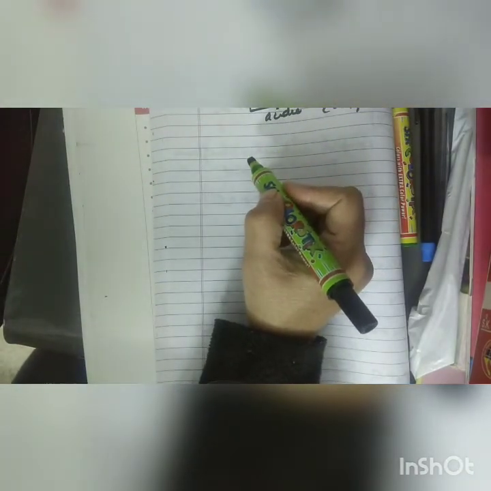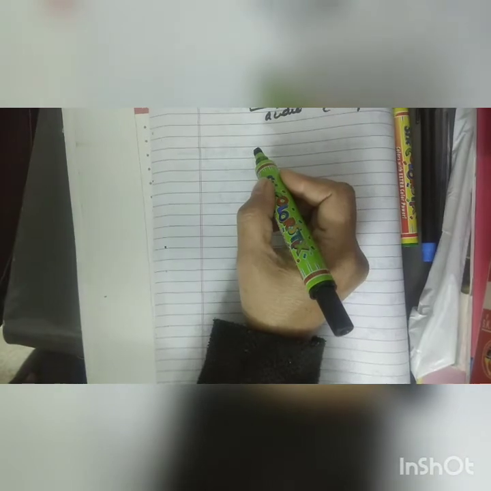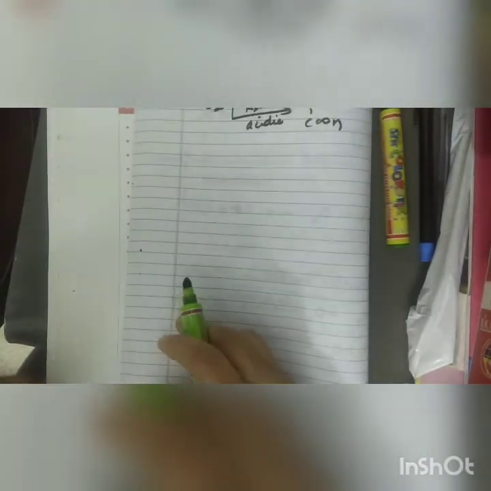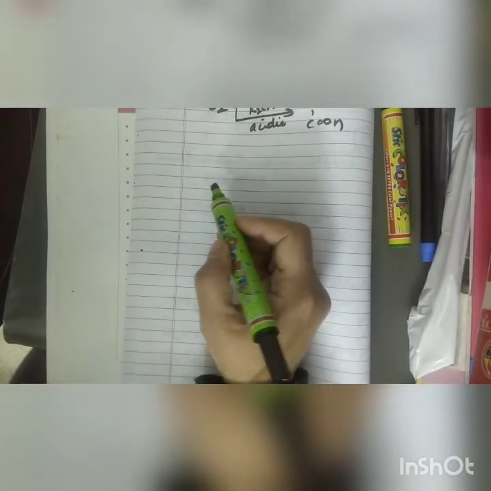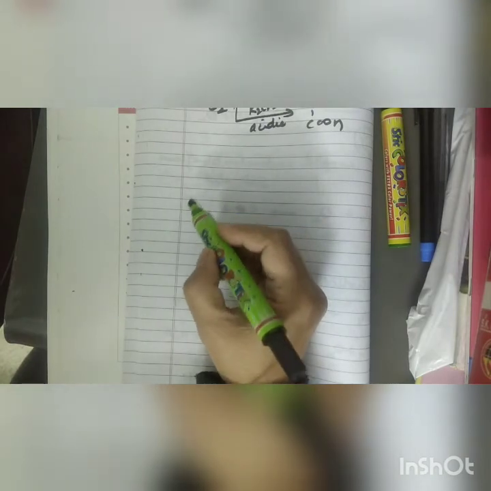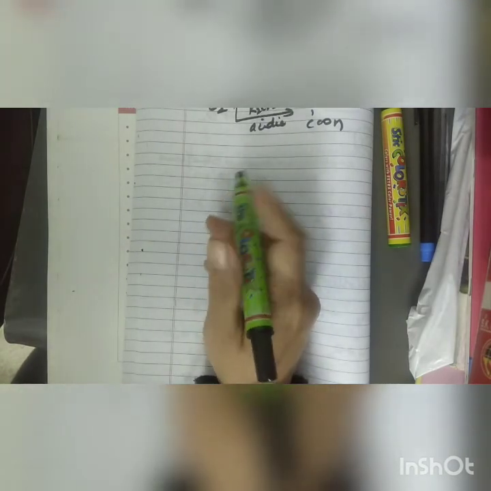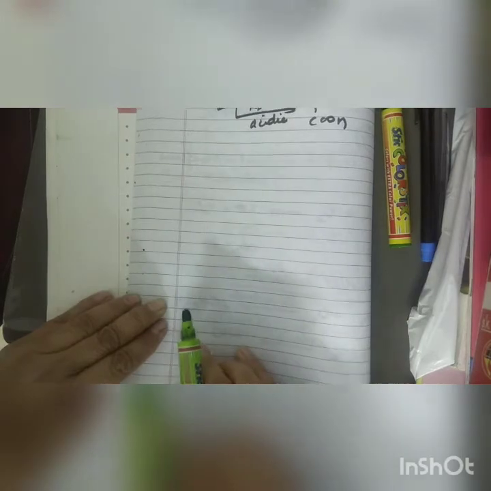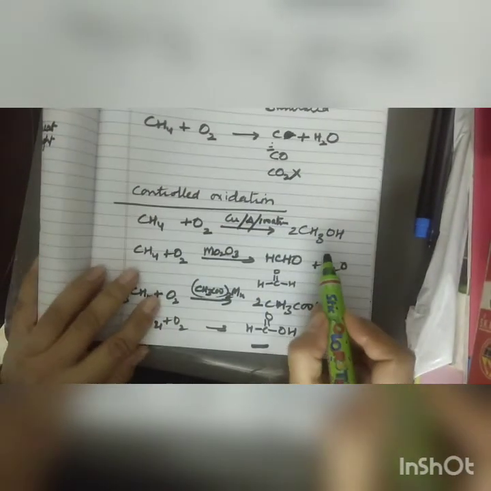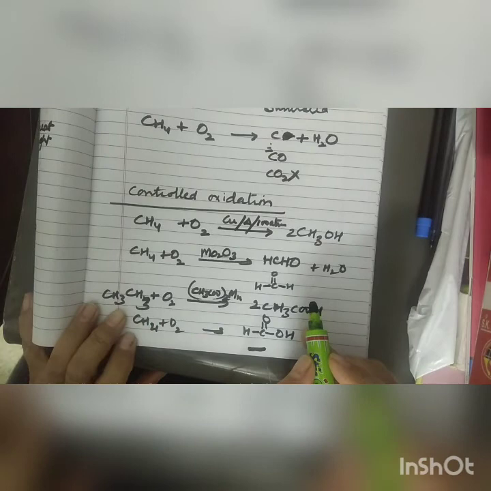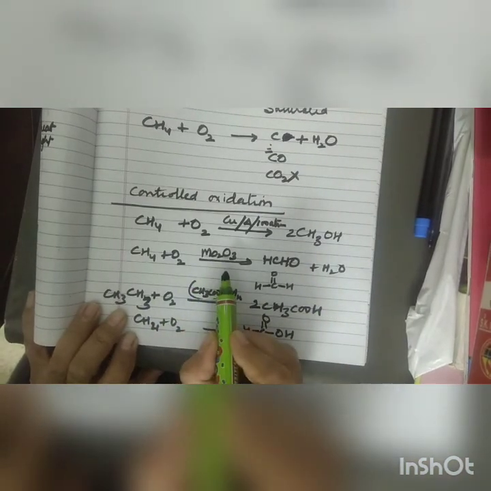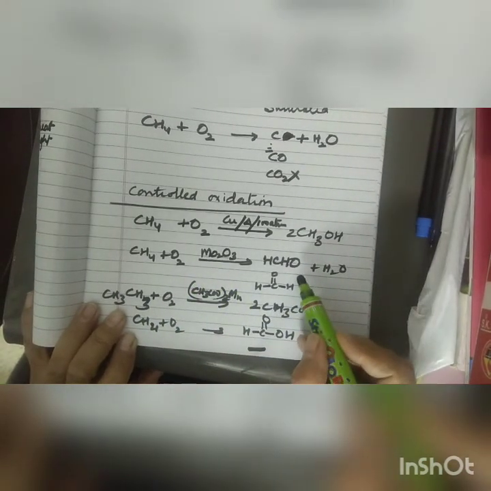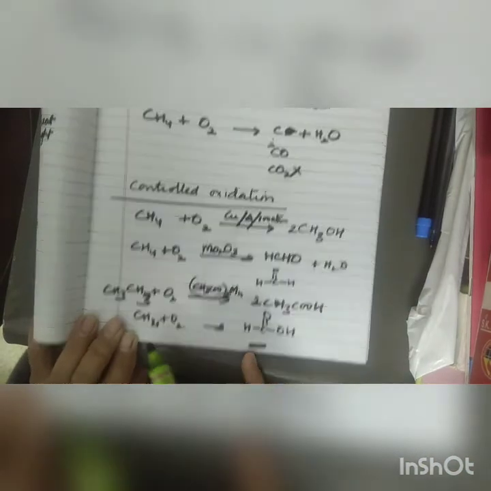So you must be able to identify that uncontrolled oxidation can be complete or incomplete. Controlled oxidation can be in presence of different reagents. In presence of copper, the mildest reagent, I will simply get methanol formed. This is simply a substitution reaction. With Mo2O3, molybdenum oxide, formaldehyde gets formed.